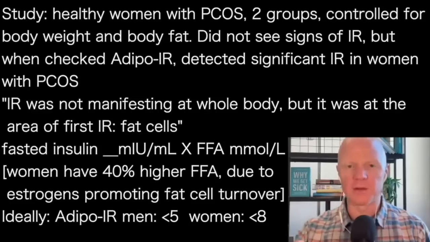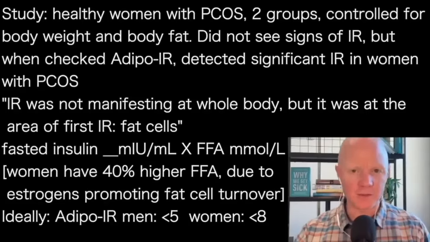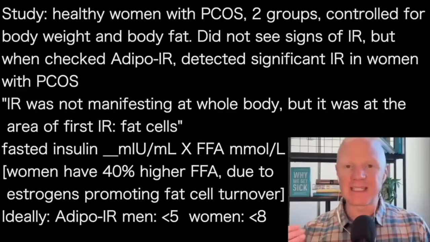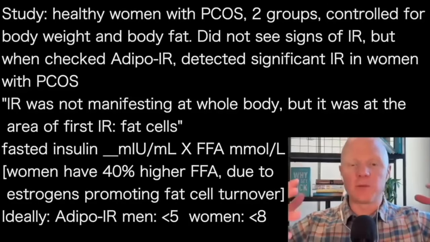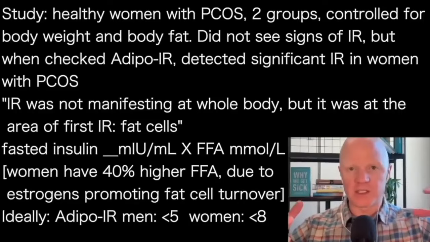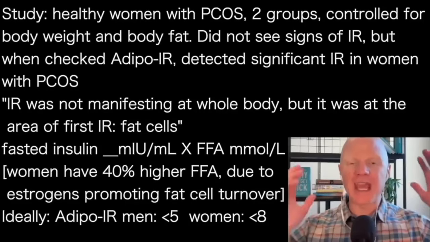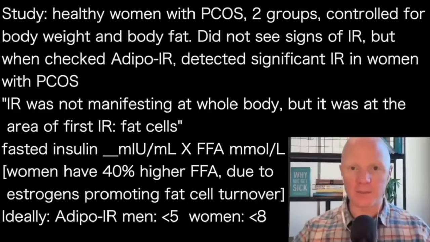I'm not done with this, but as an example, one of the very first papers I ever saw that used this study was looking at the degree of insulin resistance in otherwise healthy women who had PCOS. So they had women with and without polycystic ovary syndrome, two groups of ladies controlled for age and even body weight and body fat. So they were the same overall body type.